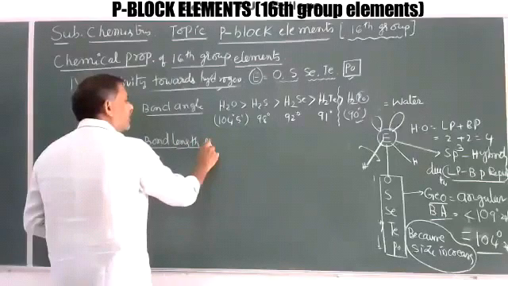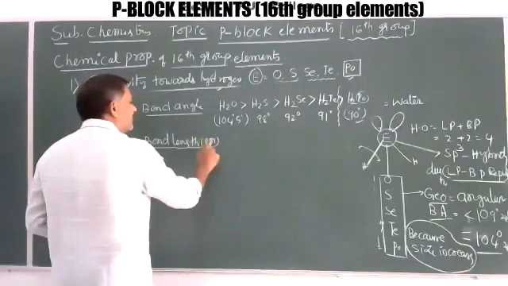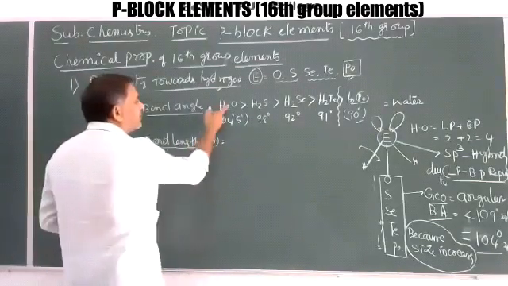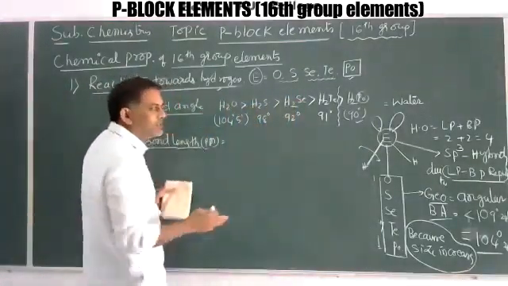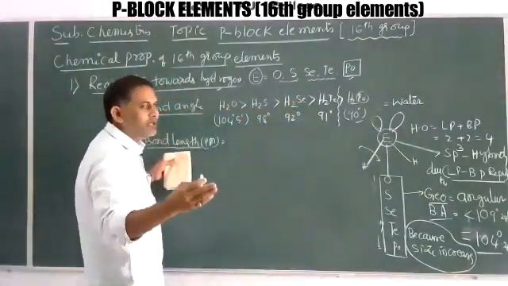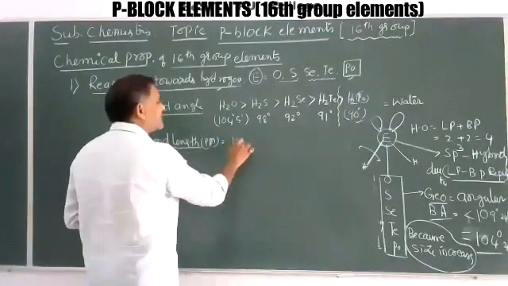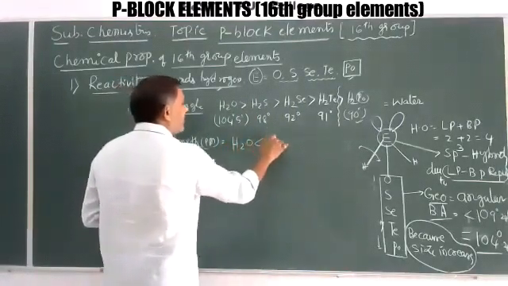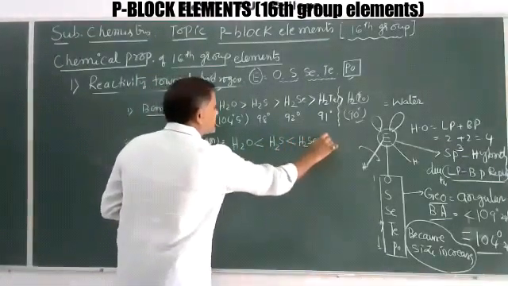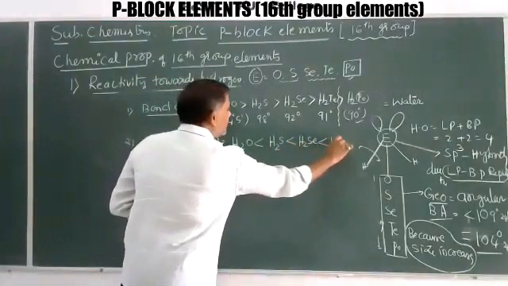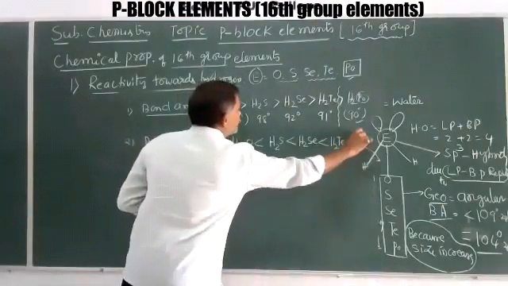Bond length is in picometers. So the bond length between oxygen and hydrogen, sulfur and hydrogen, selenium and hydrogen, what happens? Bond length increases. That's why it is H2O less than H2S, less than H2Se, less than H2Te, less than H2Po.